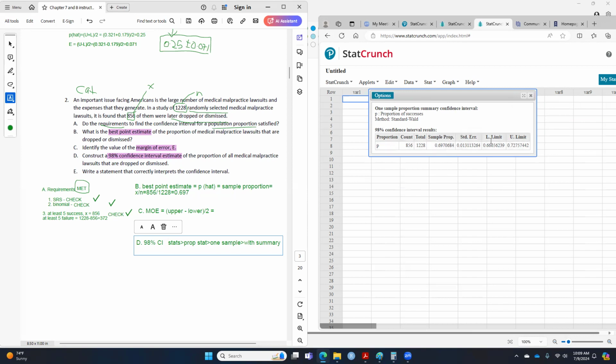Now, what is the confidence interval? It is the lower and upper limit here. Your answer is usually put in parentheses: 0.667 to 0.728.